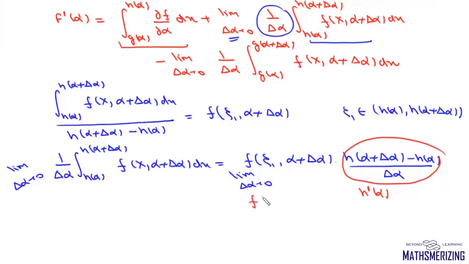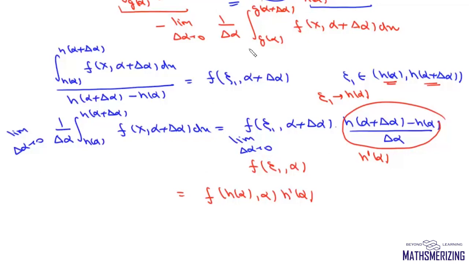This function will be f(zeta 1, alpha). Now what about zeta 1? We know that zeta 1 lies between h alpha and h alpha plus delta alpha. Now when delta alpha tends to 0, this zeta 1 approaches h alpha. So in this case, zeta 1 will be simply h alpha. So we can write this as f(h alpha, alpha) into h dash alpha.